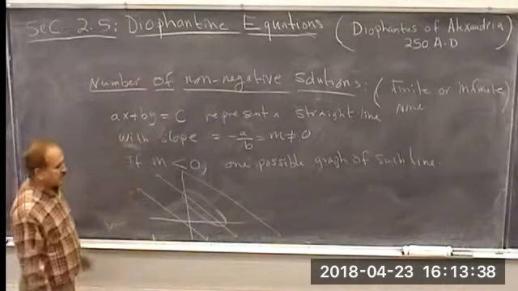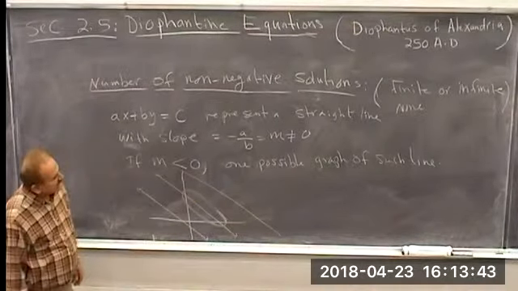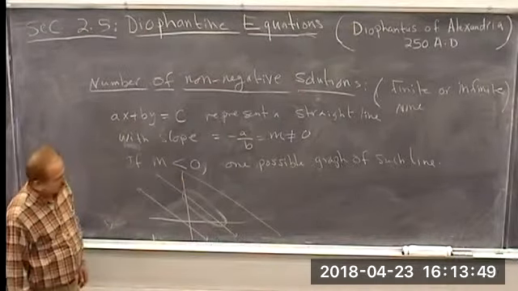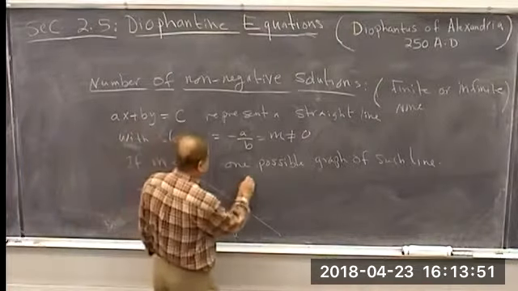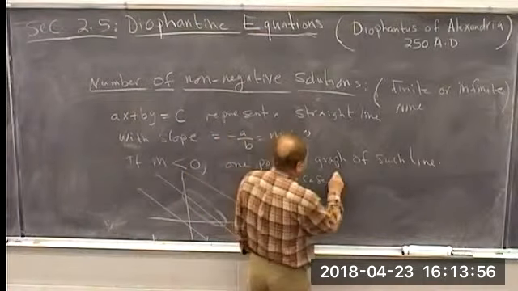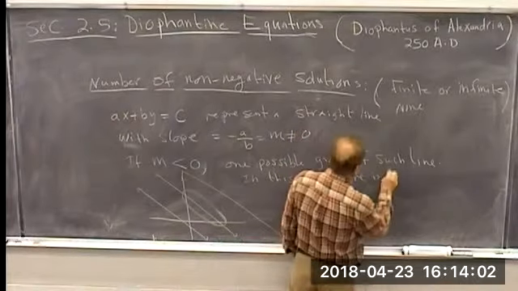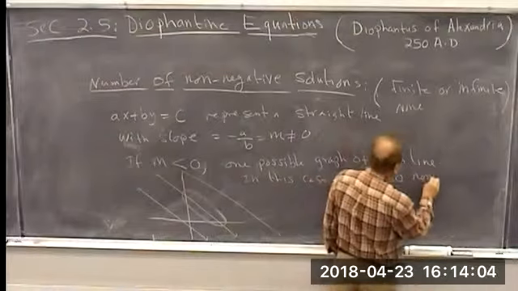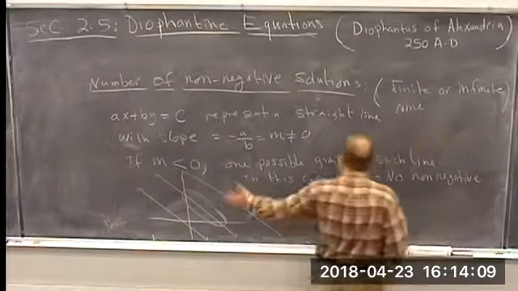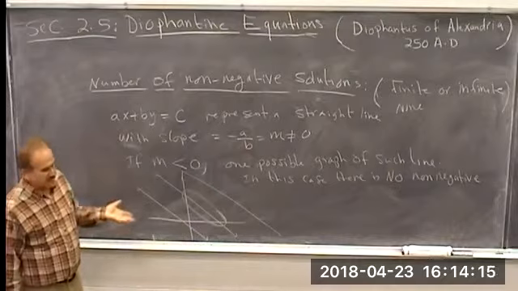Because what's going to be in the first quadrant is the portion of the line that intersects the x and the y axis. Okay, so in this case, there is no non-negative solution, and among the none is the case where the equation itself does not have any solutions, basically the Diophantine equation.